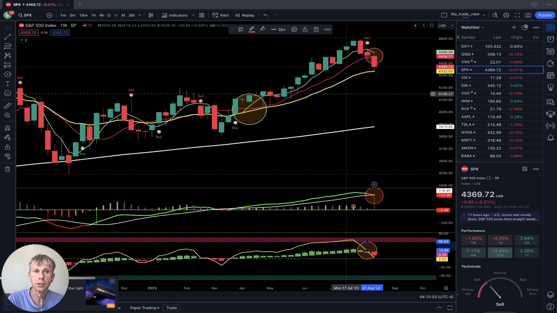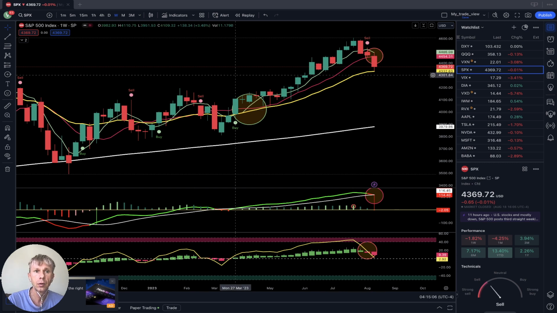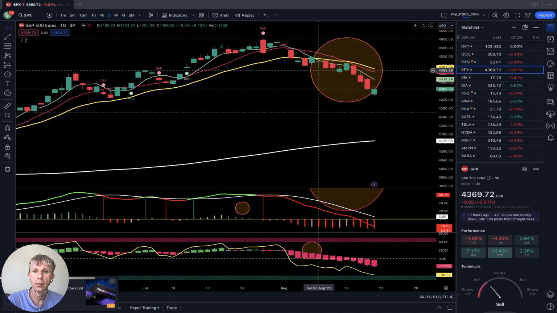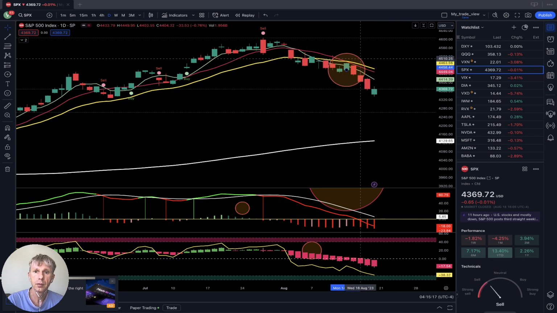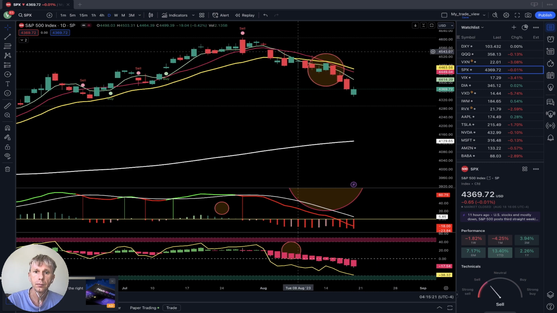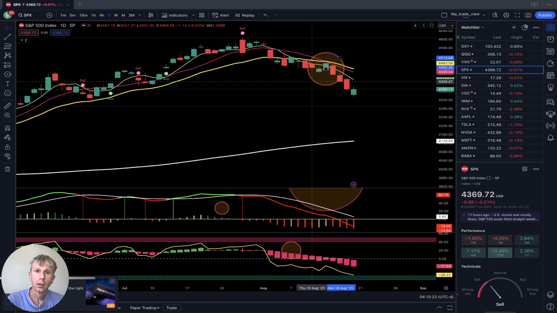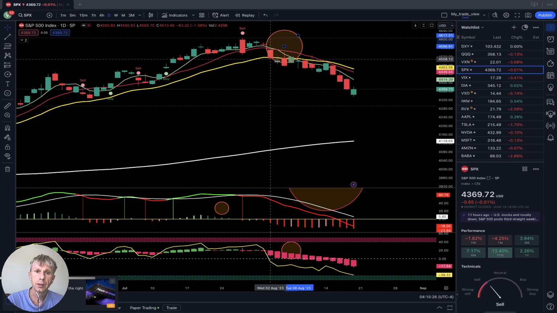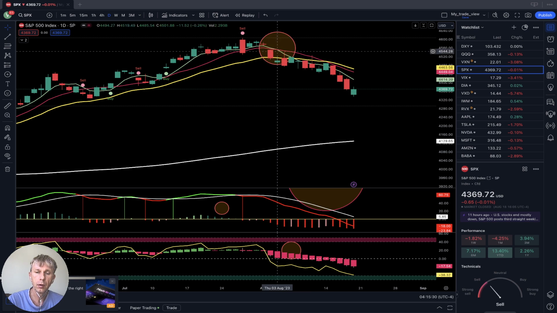Now let's see what's going on daily. Daily, it doesn't show very well on different time frames. Let me move it. On daily it started here, right? Bearish crossover at the beginning of August 2nd, bearish crossover on all indicators.